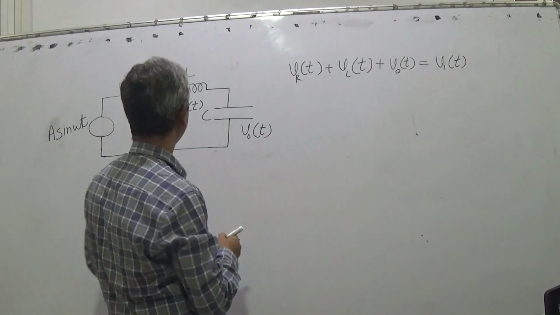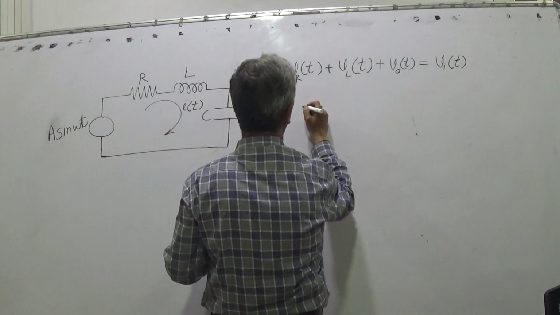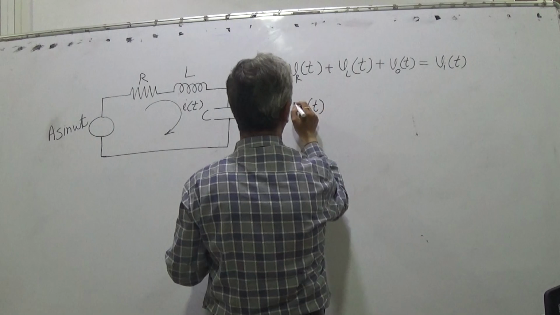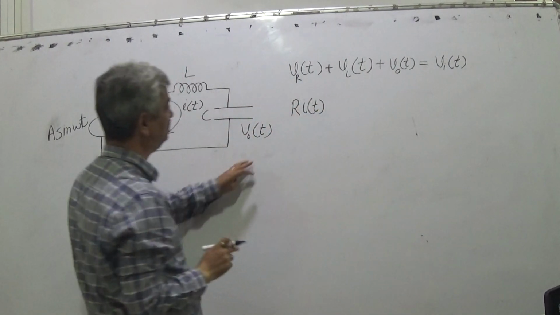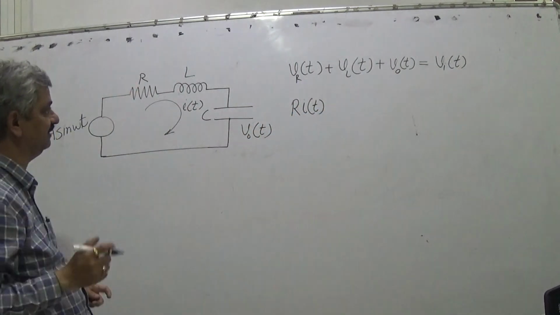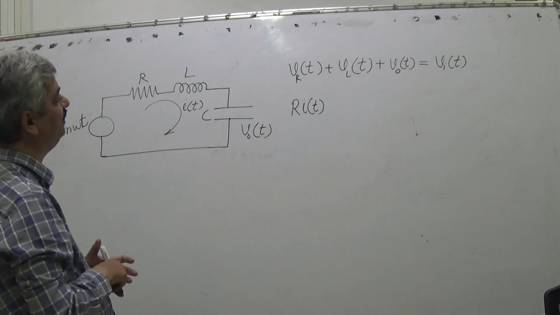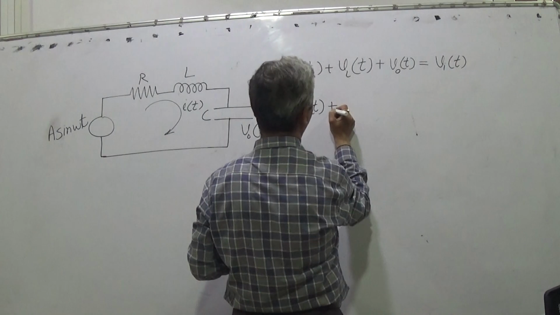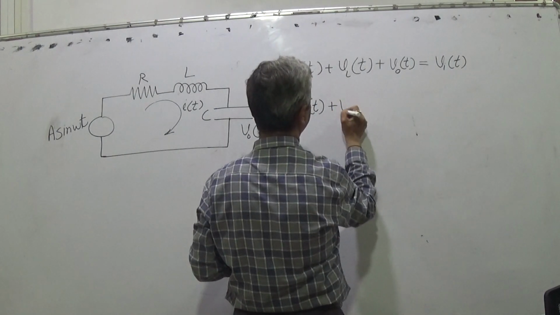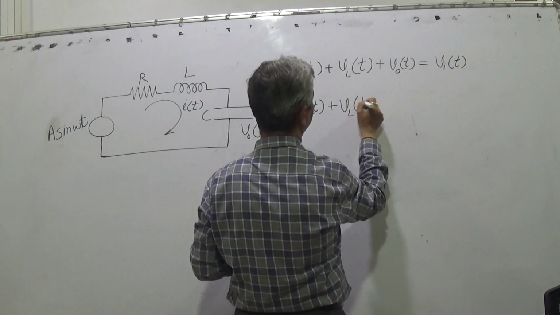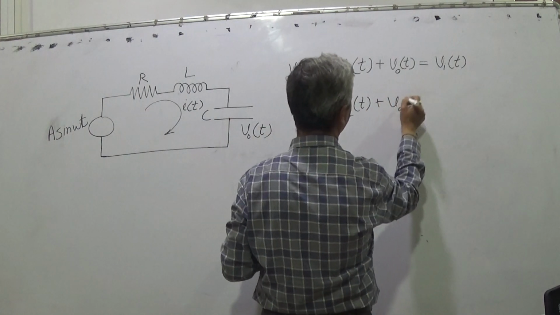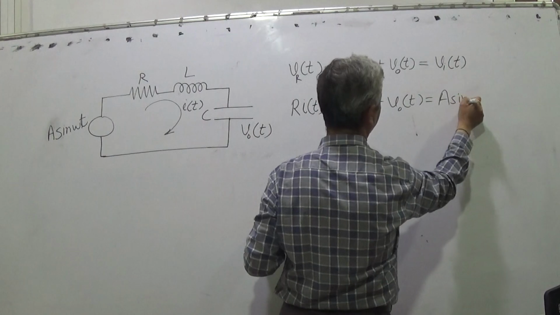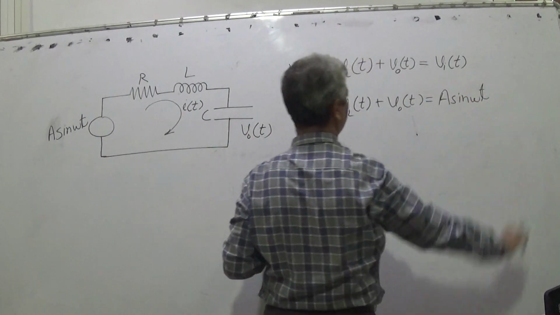Now what is VR(t)? VR(t) is i(t) into R, because the resistance is R. Plus VL(t), which I keep as it is for now, plus Vo(t) equals A sin omega t.